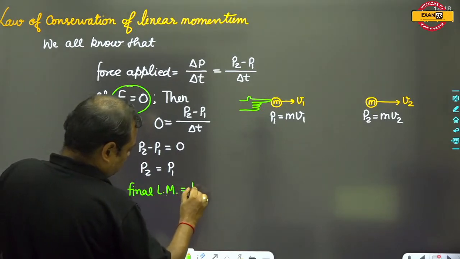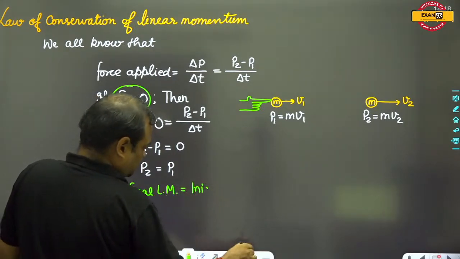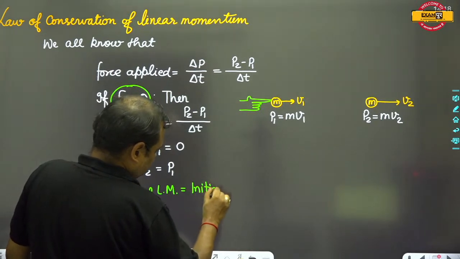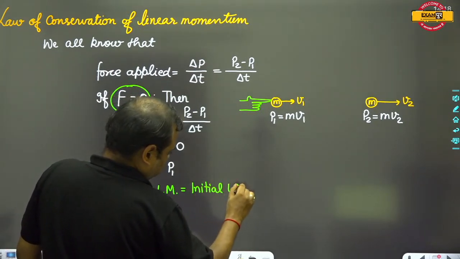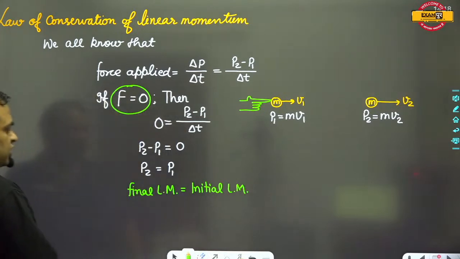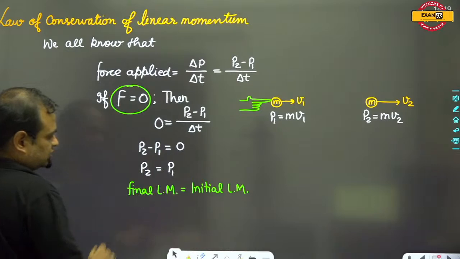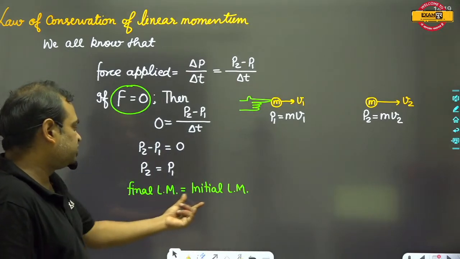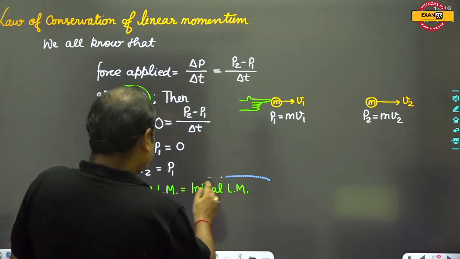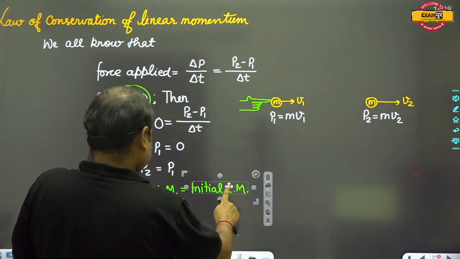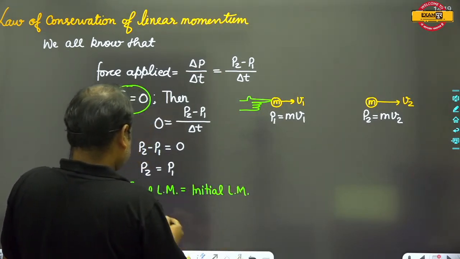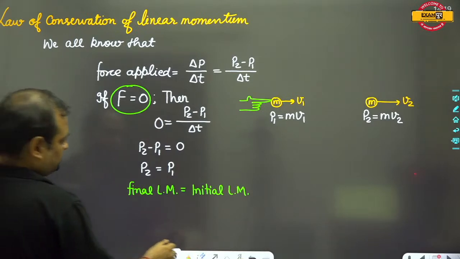If this condition holds true, that the final value of linear momentum is equal to the initial value of linear momentum, it means there is no change in the linear momentum.